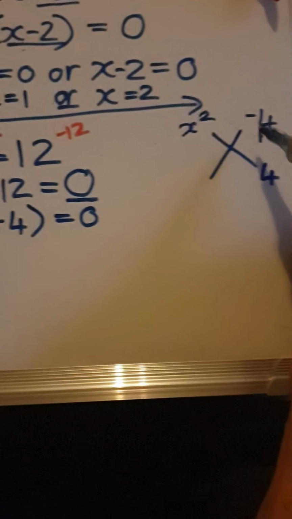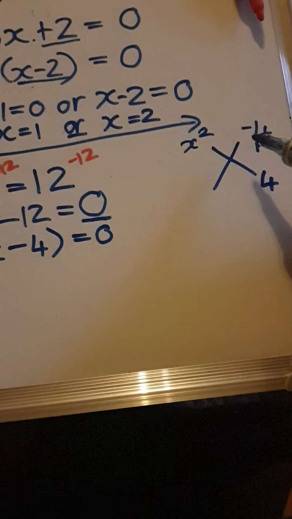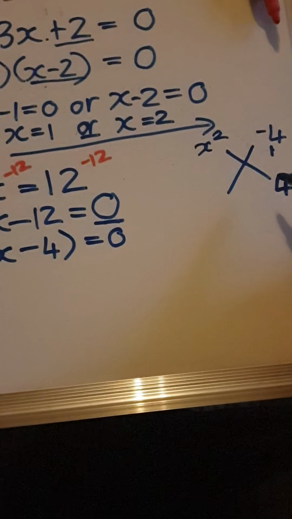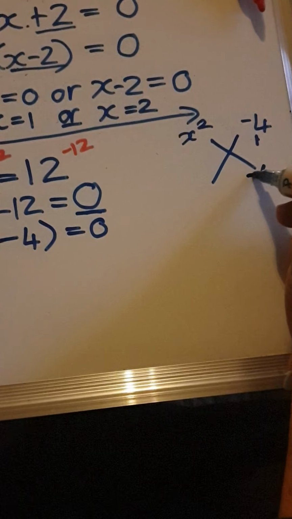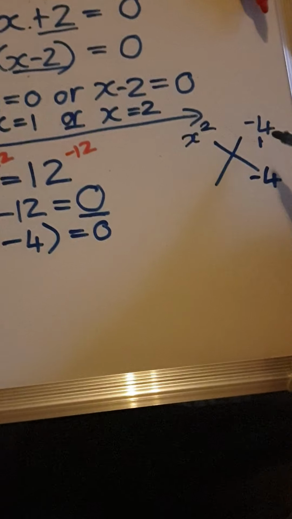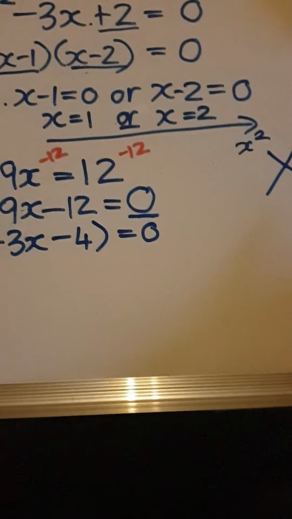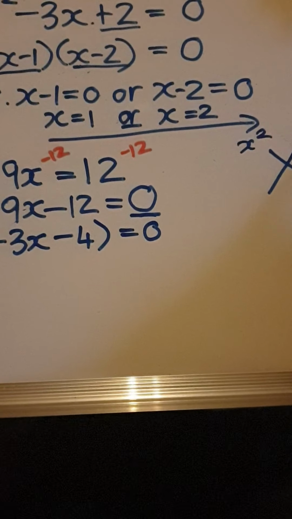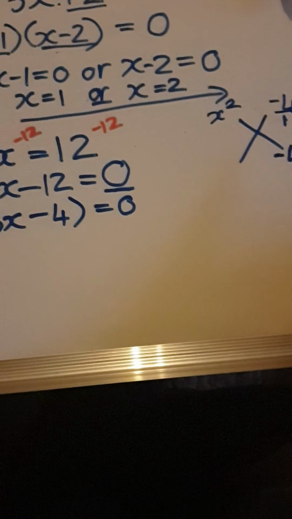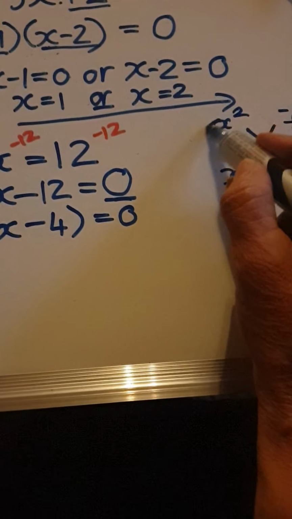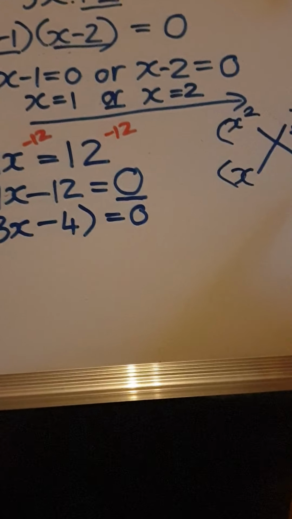If I multiply, I must get a negative, and if I add, I must also get a negative answer, which means my biggest factor must be negative. Look, -4 plus 1 gives me -3, and -4 multiplied by 1 gives me -4, which is what I want. So here are my brackets: x plus 1 and x minus 4.